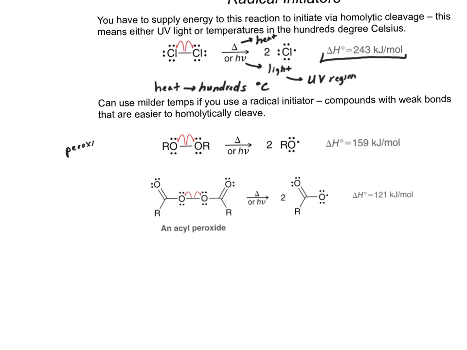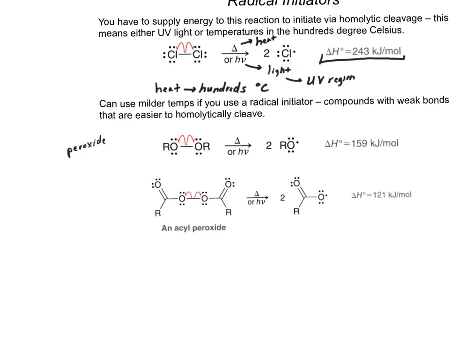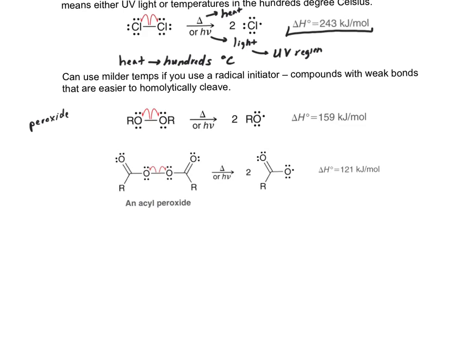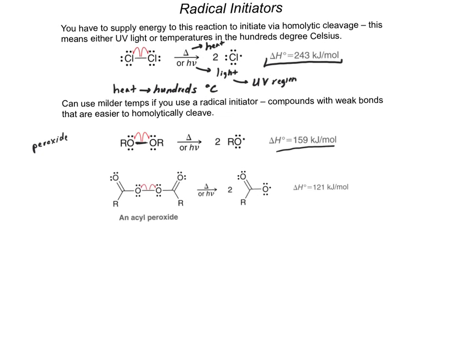A general peroxide has this nice, easily breakable oxygen-oxygen peroxide bond. To homolytically cleave this, the bond dissociation energy is only 159 kilojoules per mole, which is about 100 kilojoules per mole less than that chlorine-chlorine bond. And again, it's just because this oxygen radical is fairly stable and fairly easy to make.